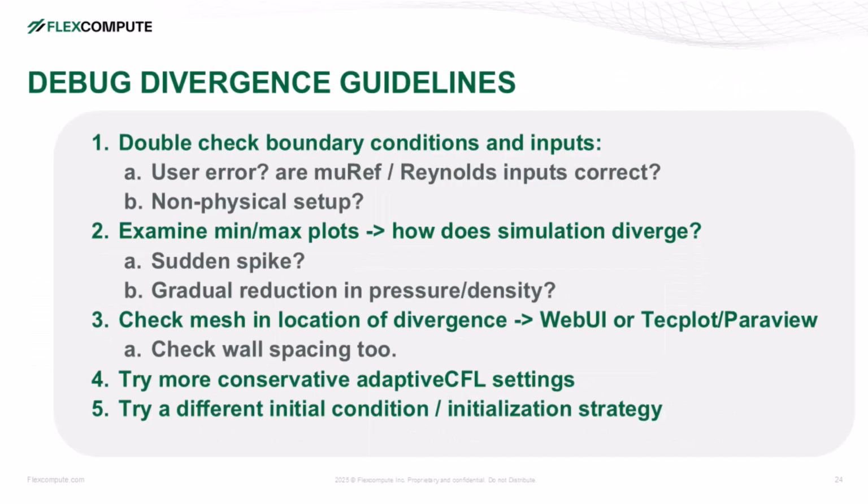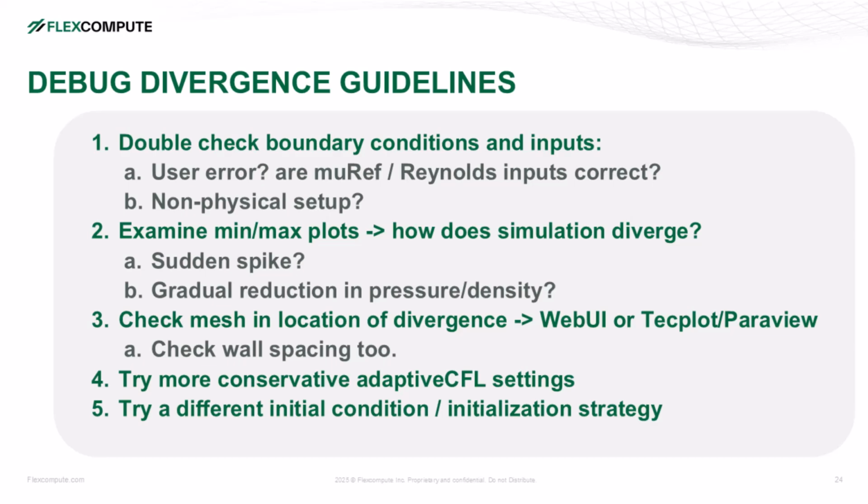To summarize the debugging process, double-check boundary conditions and inputs for user errors, non-physical values, or incorrect units. Inspect the min-max plots to see whether divergence is caused by gradual growth or sudden spikes in key quantities, such as velocity or density. Check wall spacing, aspect ratios, and first layer thickness around suspected regions.